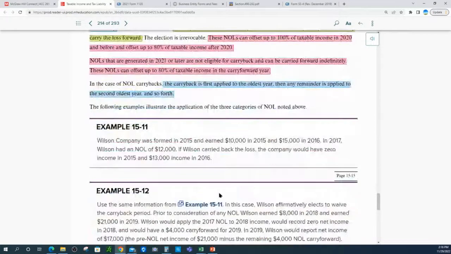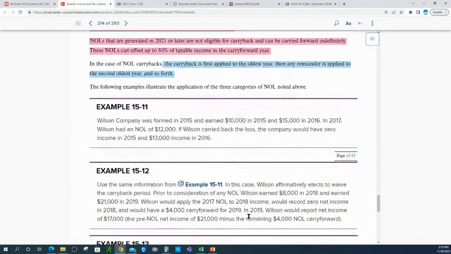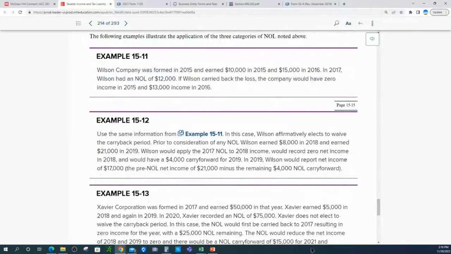I believe we can do 100% of it. So we will offset that 10,000 from 2015, and then the remaining $2,000 in 2016.